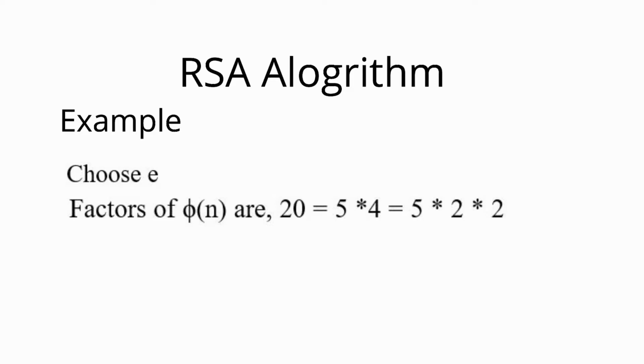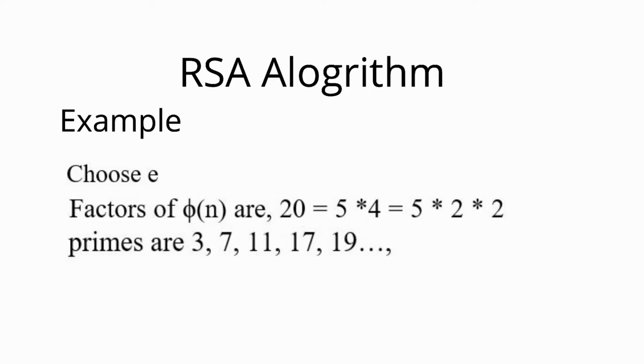So e should not be a multiple of 5 and 2 and should not be divisible by 20. So the candidate numbers are 3, 7, 11, 17, 19. As 3 and 11 are already taken, choose e equal to 7.